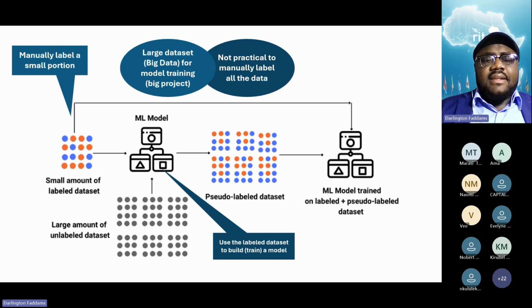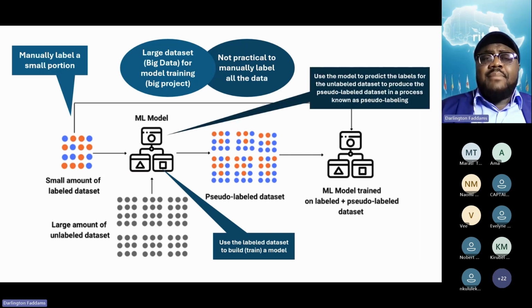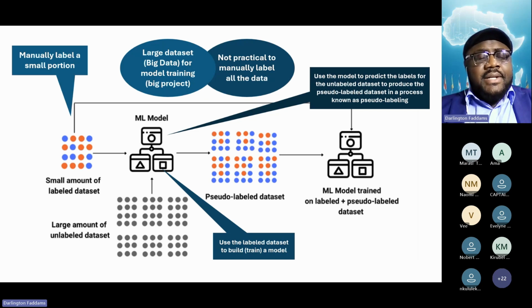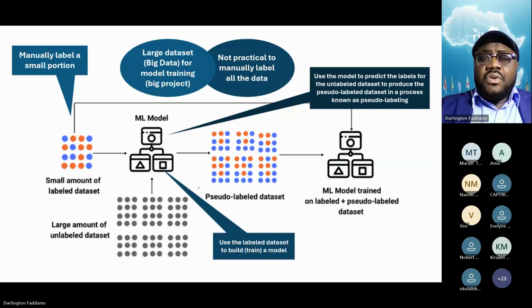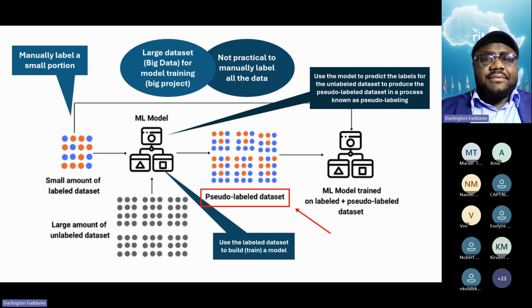After the model is trained with the labeled data through what is called supervised learning, we use the trained model to predict labels for the unlabeled data set, to produce a new terminology I'm about to introduce: pseudo-labeled data sets. This happens in semi-supervised learning in a process known as pseudo-labeling.